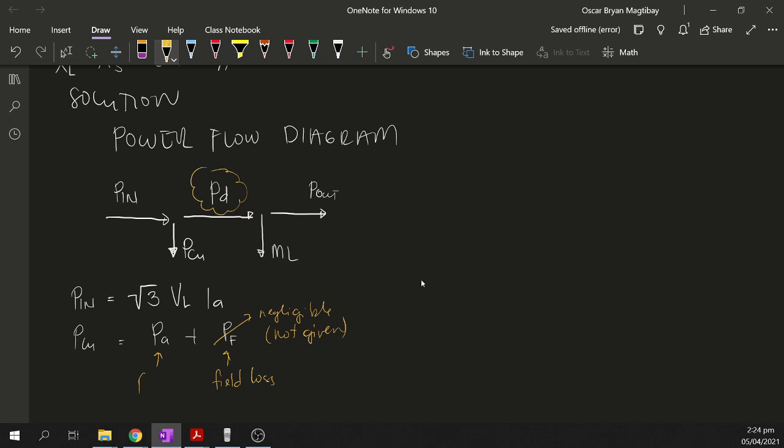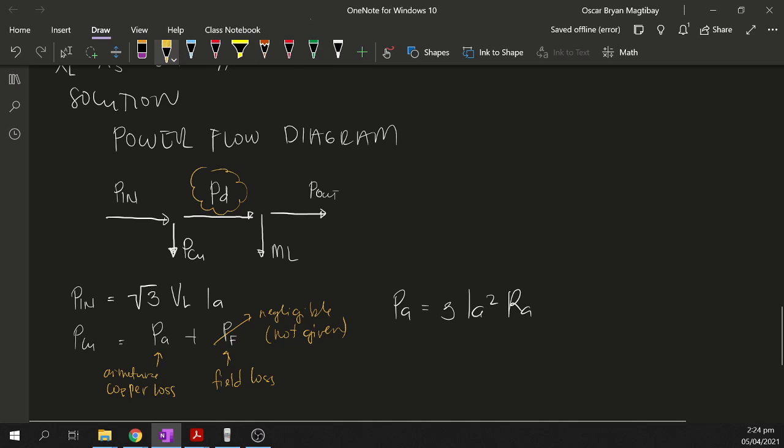Ano itong PA? PA is actually our armature copper loss. Na pag tinignan natin yan, PA is equal to 3 IA squared RA. This is applicable only for 3-phase.